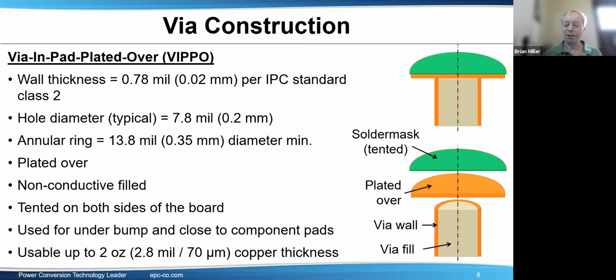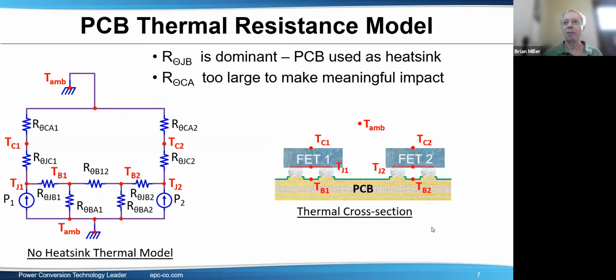Now let's go back to the diagram here and look again. And this time let's look at the thermal models. Previously was the finite element analysis of the thermal flow. This time we have 2 FETs basically arranged in a half bridge, or they can be independent, but 2 FETs somewhat near to each other on a PCB.